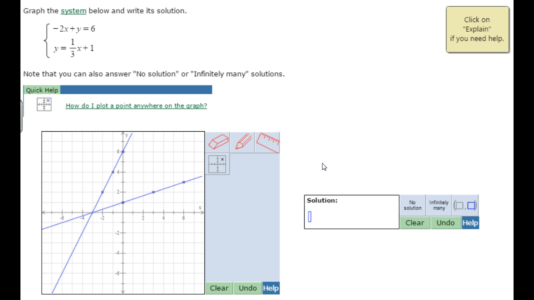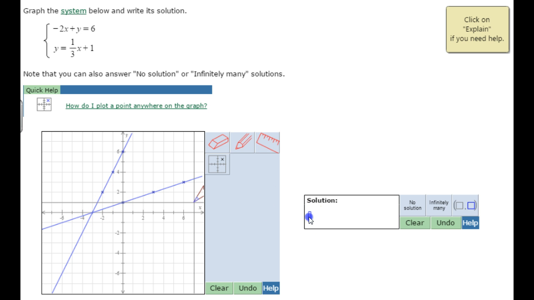What you're looking for when you're solving a system of linear equations is a point of intersection, if they do intersect. In this case, they intersect exactly at 0 for y and negative 3 for x.